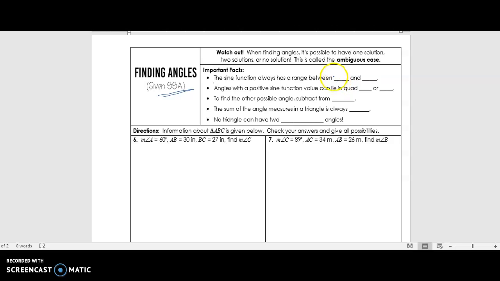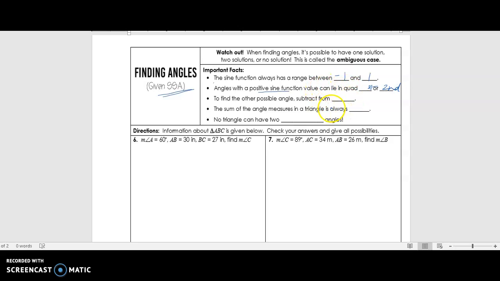The value of the sine function ranges between -1 and 1. Okay, that's the standard. It cannot go overboard. So angles with a positive sine function value can lie in the first quadrant or the second quadrant.